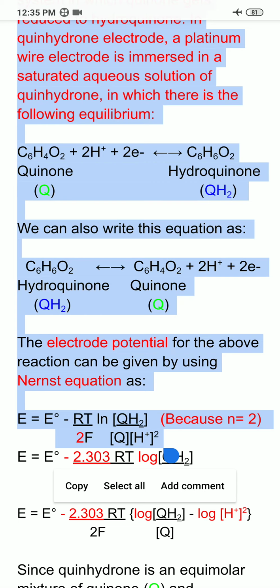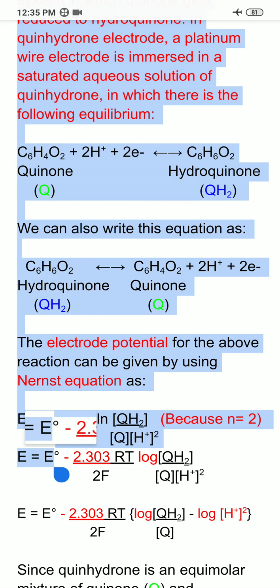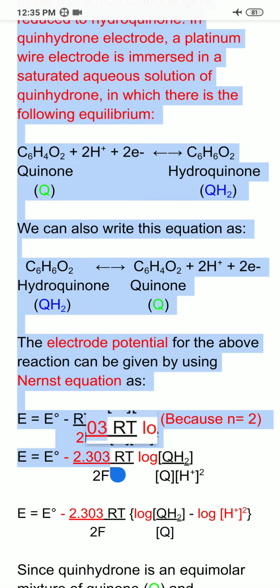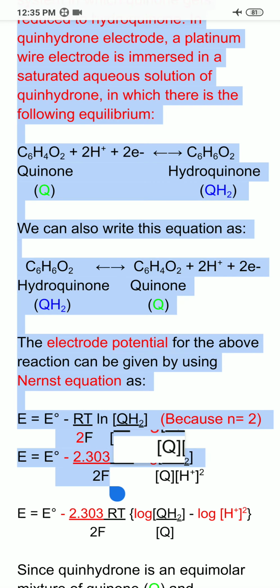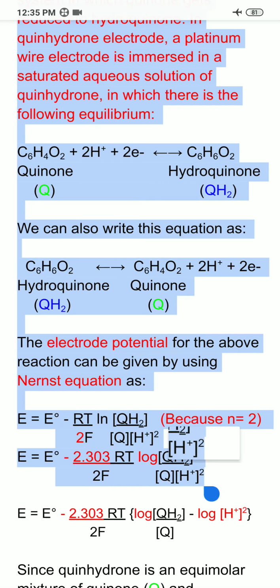Now if I wish to replace natural log, then I will insert 2.303. So I can write E is equal to E naught minus 2.303 RT upon 2F log of QH2 concentration upon Q concentration into H positive concentration raised to power 2.